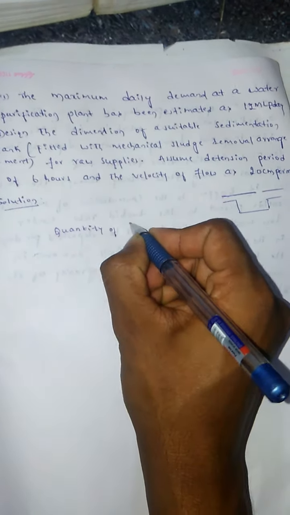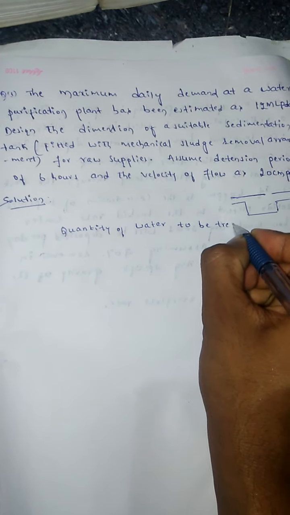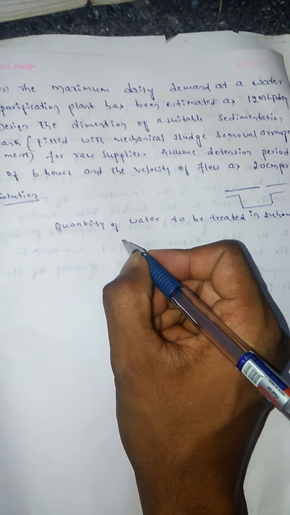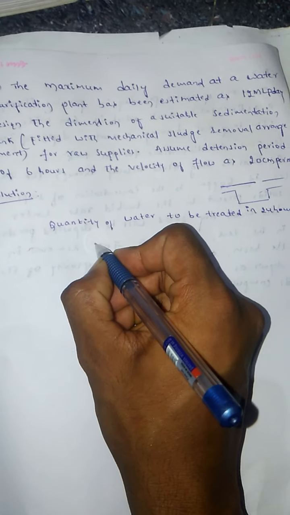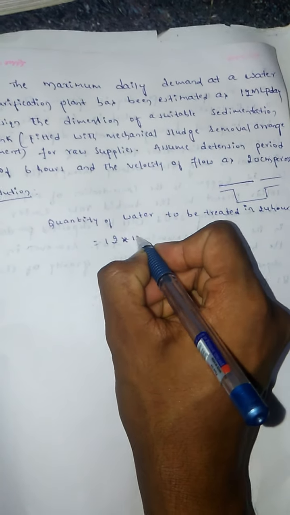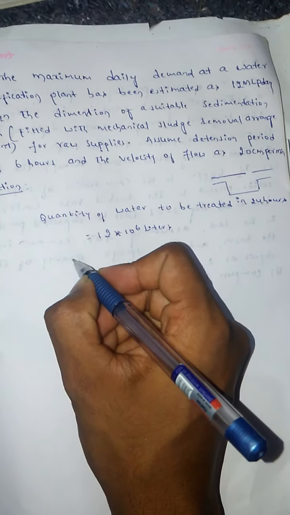Quantity of water to be treated in 24 hours: the water required is 12 million, that is 12 into 10 power 6 liters.